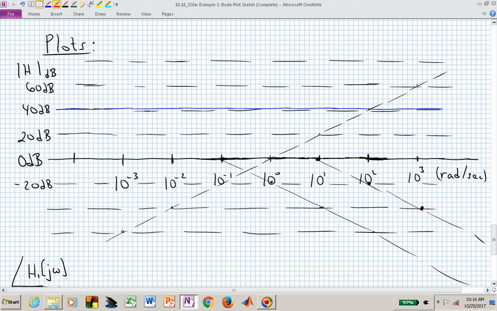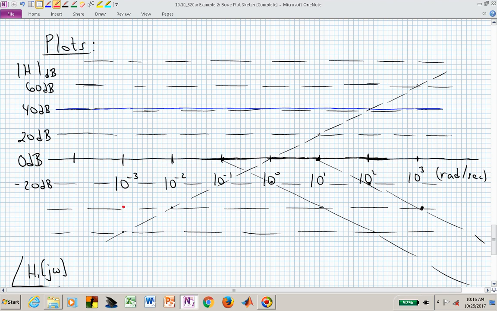Let's go back far enough. Let's go to 10 to the minus 3. And the 0 at the origin is contributing minus 60 dB. So we have minus 60 plus 40. That's going to be giving us minus 40 dB at 10 to the minus 3.